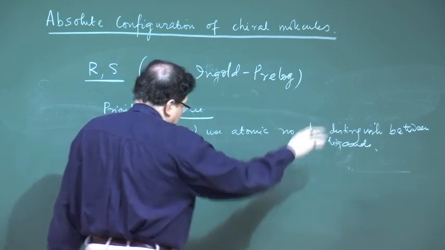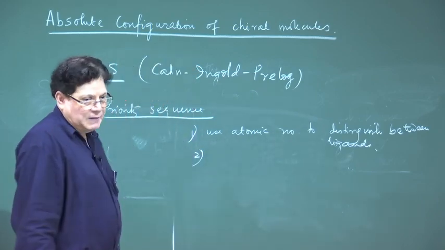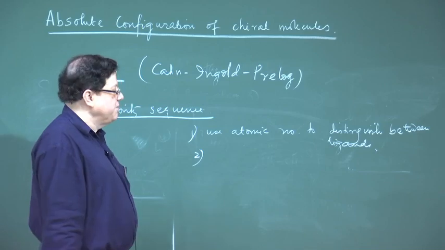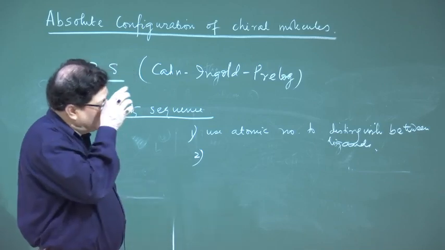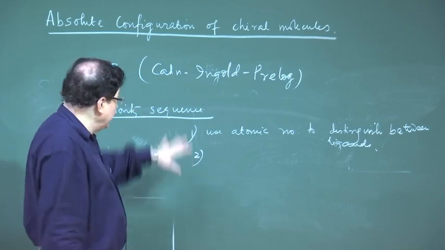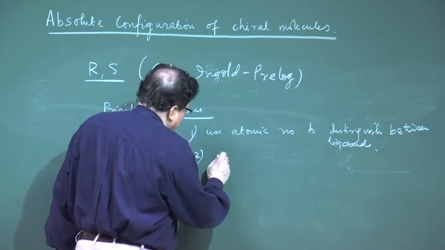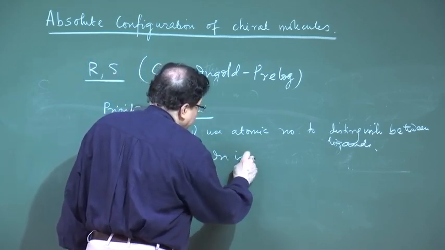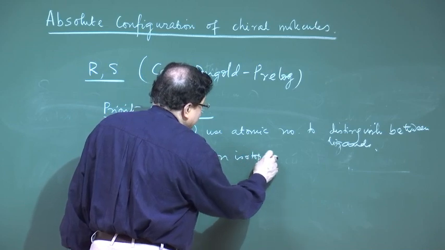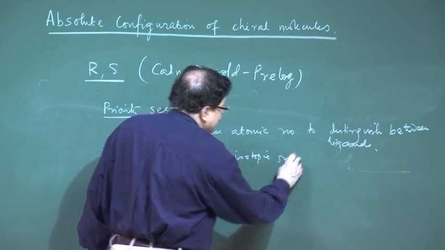Once you are finished with the atomic number criteria and that still does not give any difference, it appears that the ligands may be the same, no? But we are dealing with a chiral carbon. That will happen in case of isotopic systems.